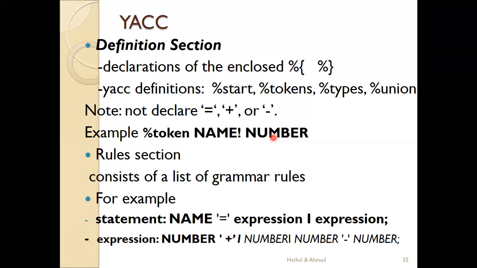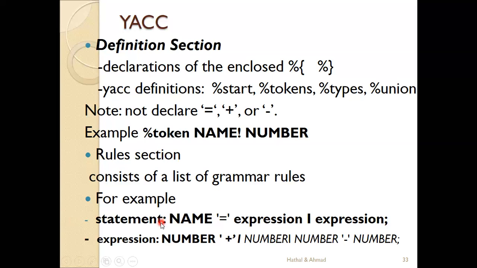Let us move on to the next section, the rule section. The rule section of a Yacc consists of a list of grammar rules followed by the action associated with the grammar productions. The example here is a list of grammar rules.